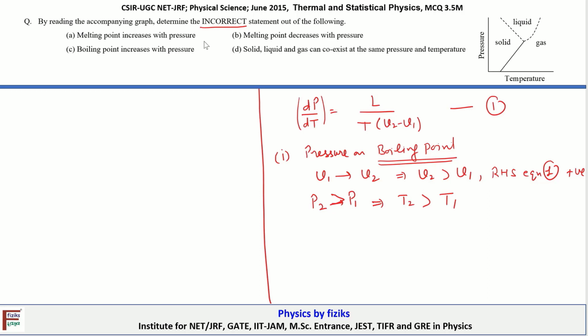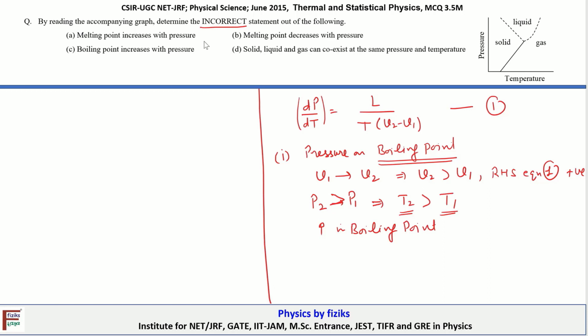So the final boiling point is going to be larger than the boiling point of the initial phase, so there is an increase in boiling point. Let's take a look at the options given to you. The boiling point increases with the pressure, so option C is correct here.